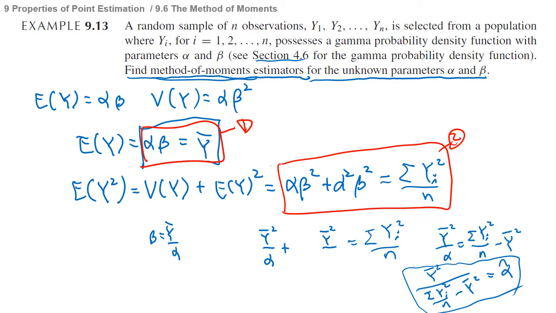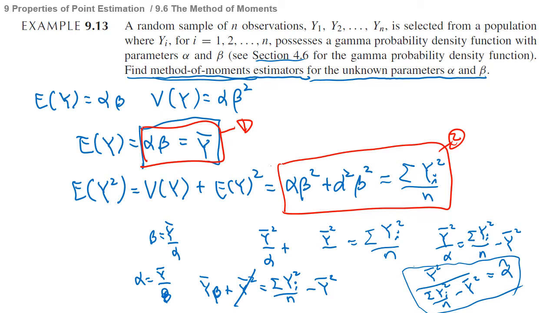And what about beta? We can put our alpha here. Let alpha equal y bar over beta. Put this here, then we can find y bar beta plus y bar squared equals the sum of yi squared over n, and so, minus y bar squared, let's move y bar to this side and divide over y bar.